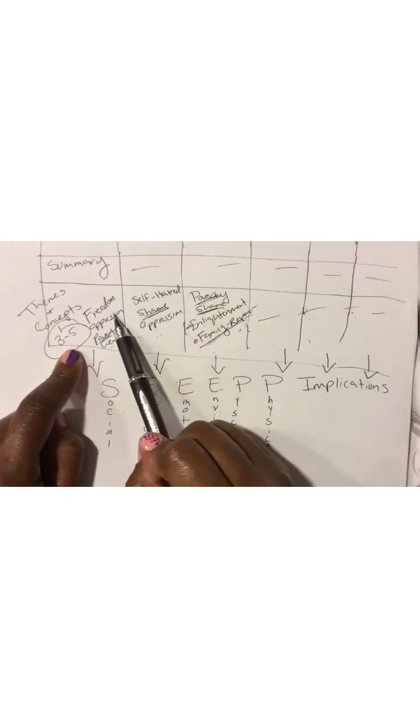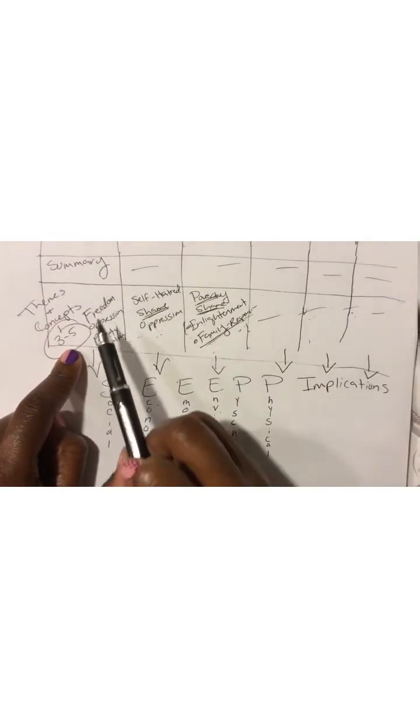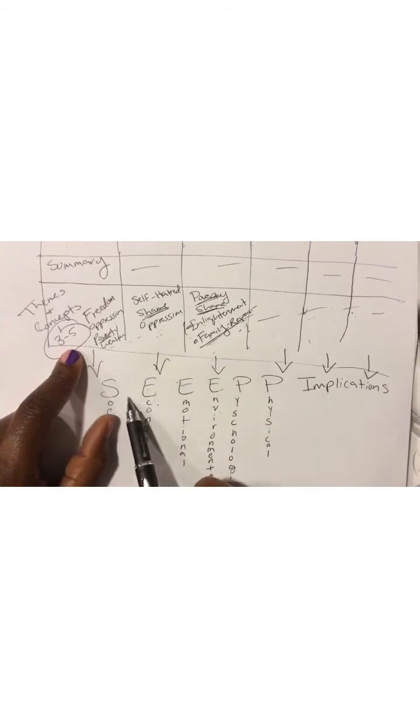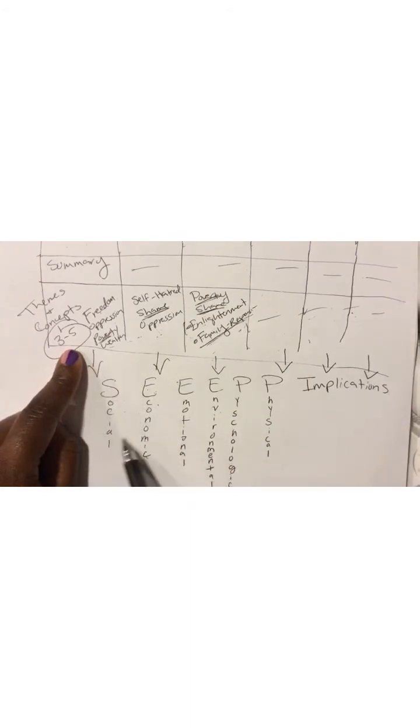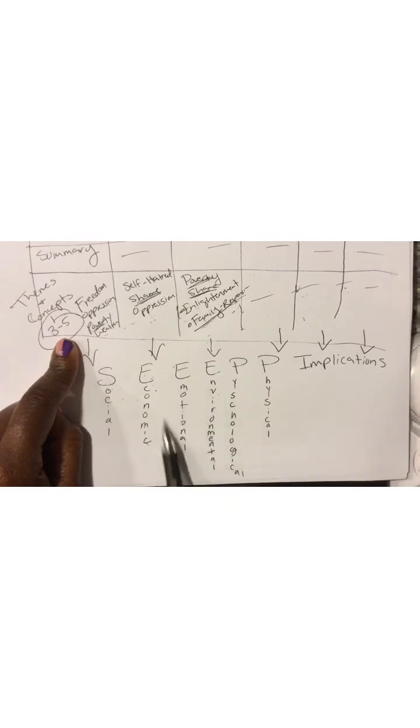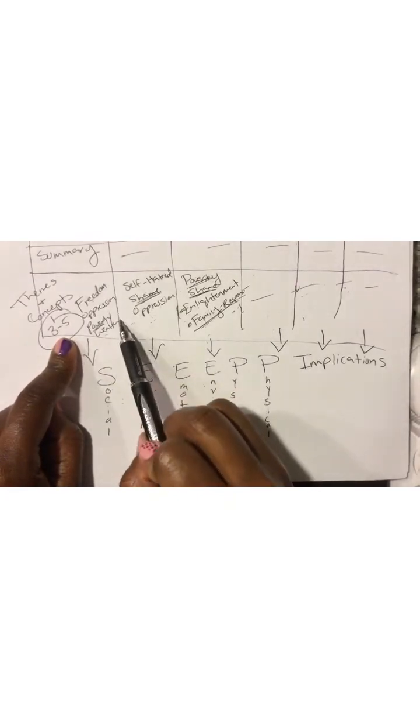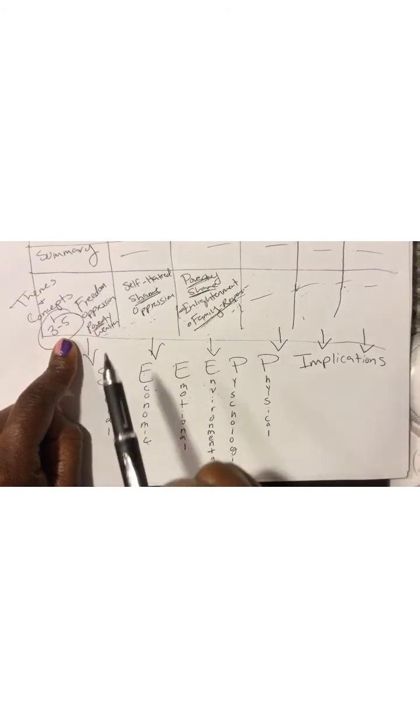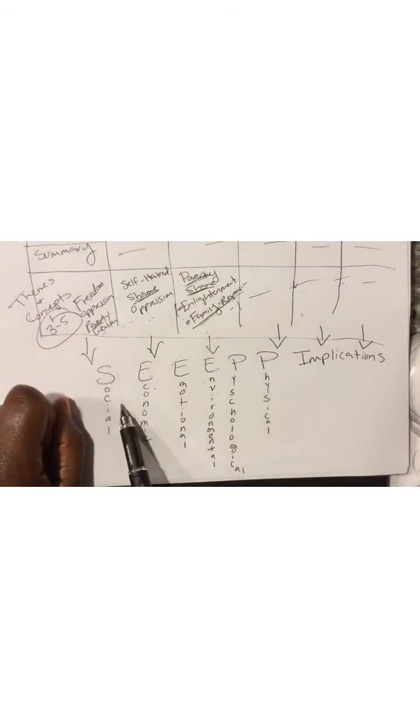So let's say text A is talking about freedom, but it's focused on how freedom is related to our social interactions, okay? And how our social interactions impact us emotionally, okay? So here we are talking about these concepts, but we're talking about how they impact us socially and emotionally.